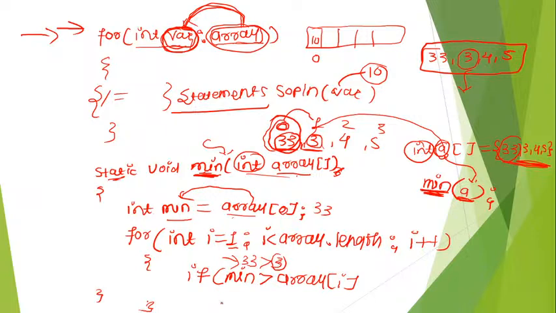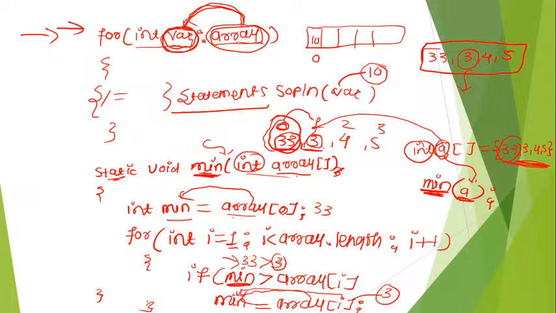That means we can simply add this 3 inside our min. So inside this min I am simply adding array of i. Now inside this min we have a 3, because we added array of i, that means the 3.